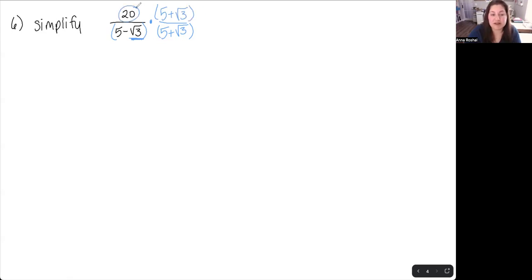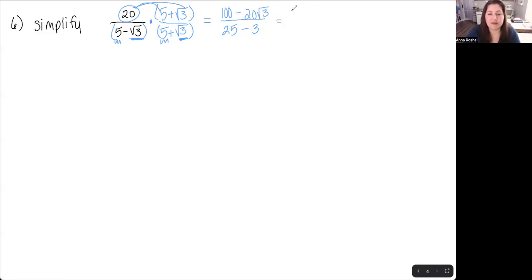So the 20, I'm just going to distribute to everything. And then here, I'm going to multiply the 5 by the 5, the root 3 by the root 3, and then put a subtraction sign in the middle. So 5 times 5 is 25, root 3 times root 3 is 3, and then I subtract in the middle. And then this will be 100 minus 20 root 3.